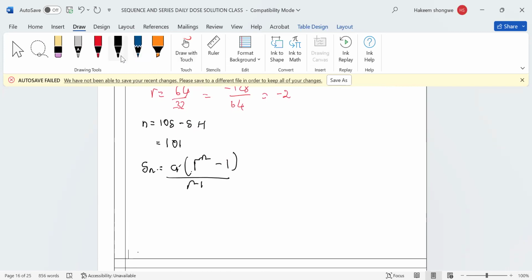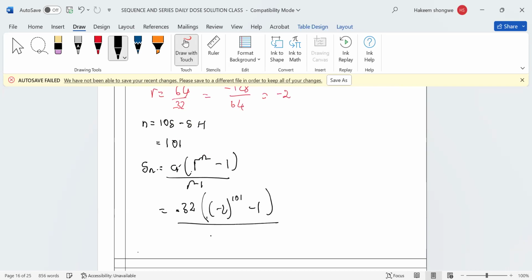Okay, substitution. We know what our first term is. What is our first term? Minus 32, open bracket, minus 2, close bracket, to the power of 101, minus 1, all over minus 2 minus 1.